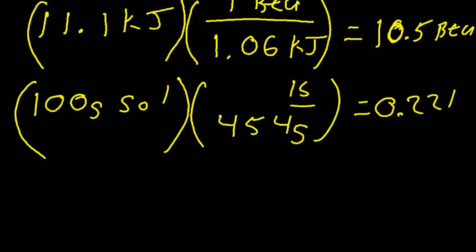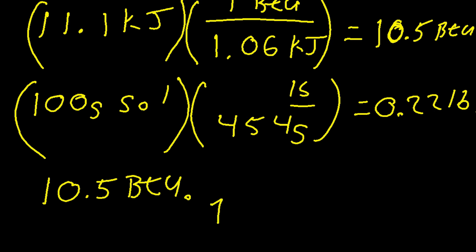0.22 pounds. And then let's go ahead and use our definition of BTUs. I'm going to put 10.5 BTUs, and then I know that 1 BTU is equal to 1 pound of water, 1 degree Fahrenheit.